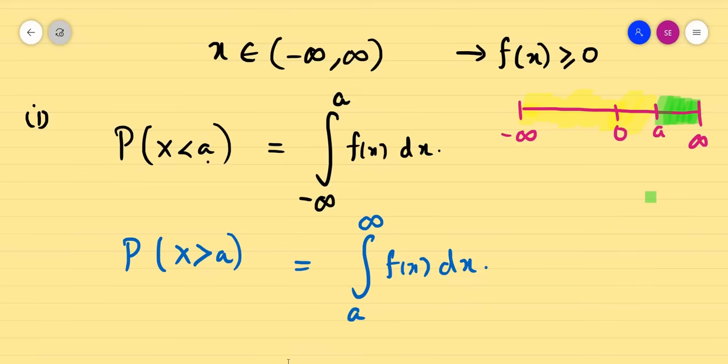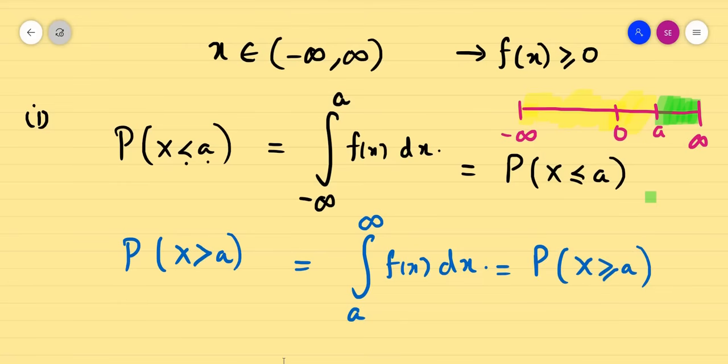Yes, sir. And one more important thing you should remember: in a continuous random variable, if you say x less than a or x less than or equal to a, both are the same. P of x greater than or equal to a is also the same as P of x greater than a, because it is a continuous random variable.